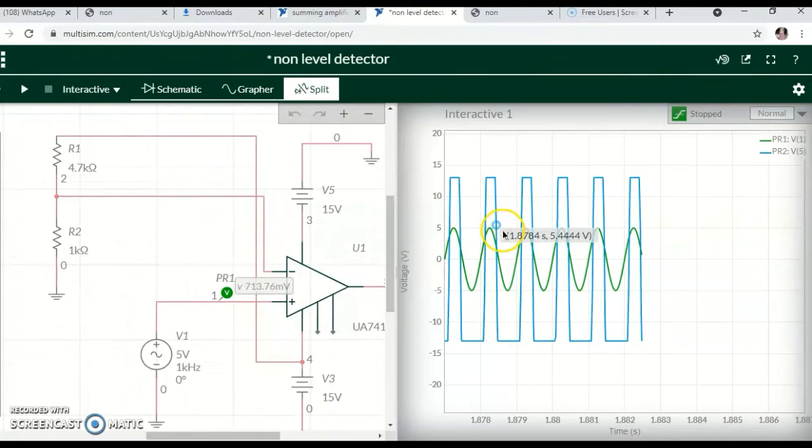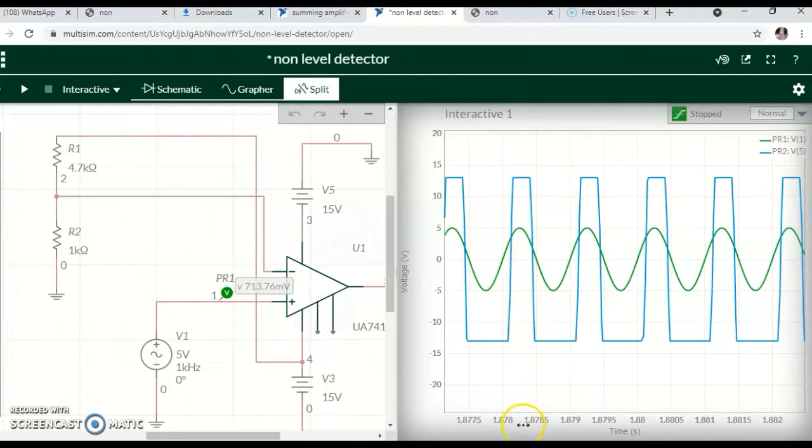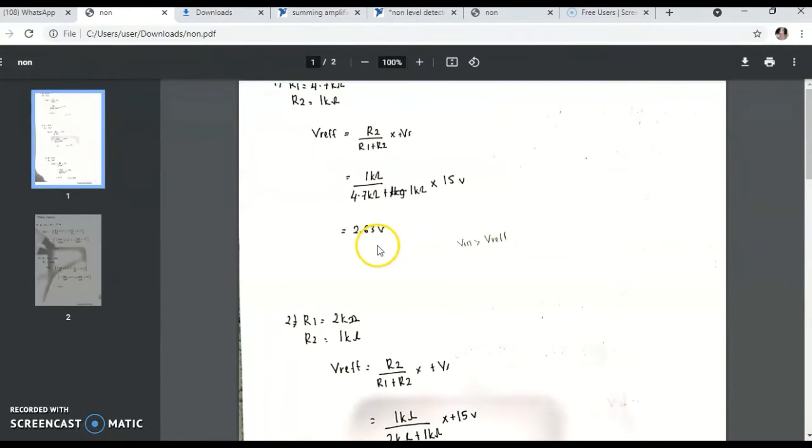So we get a waveform where Vin is 5 volt. When I calculate the Vref, we get 2.63 volts. So Vin is more than Vref.